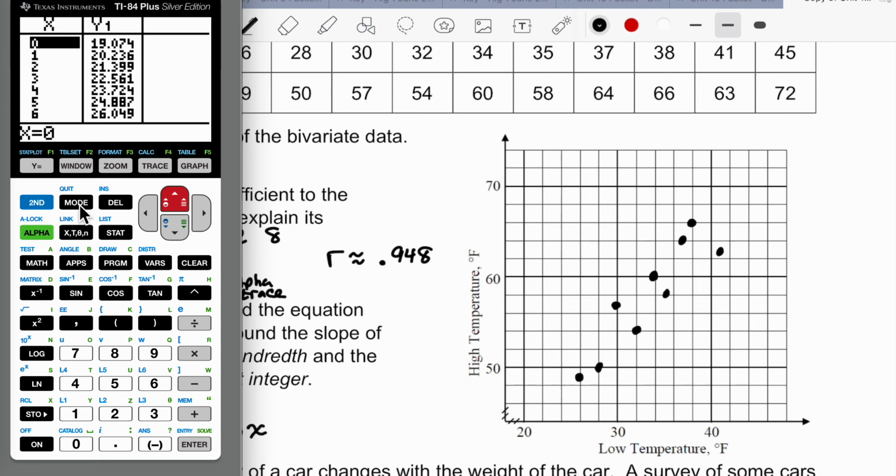And 45, 72. Going by twos, so it's really not terrible.